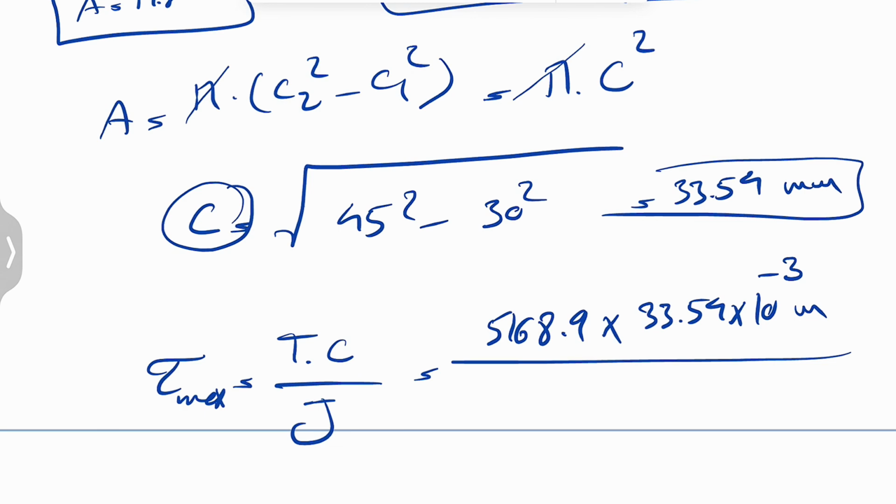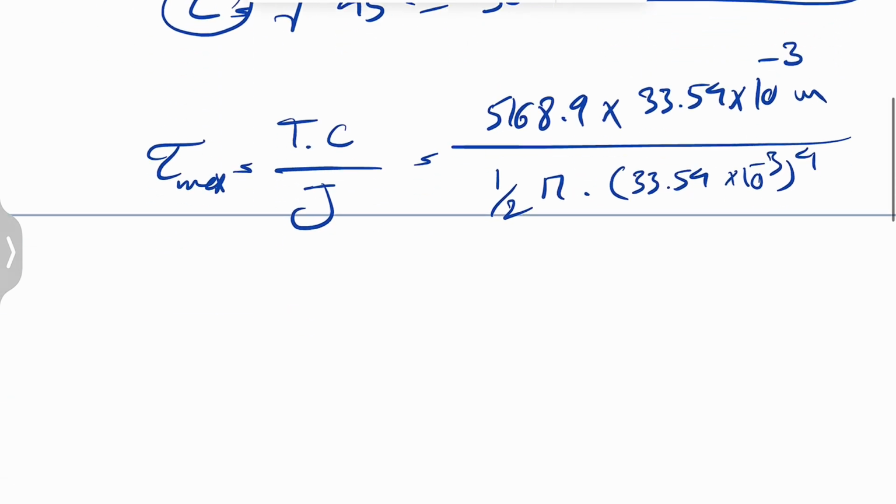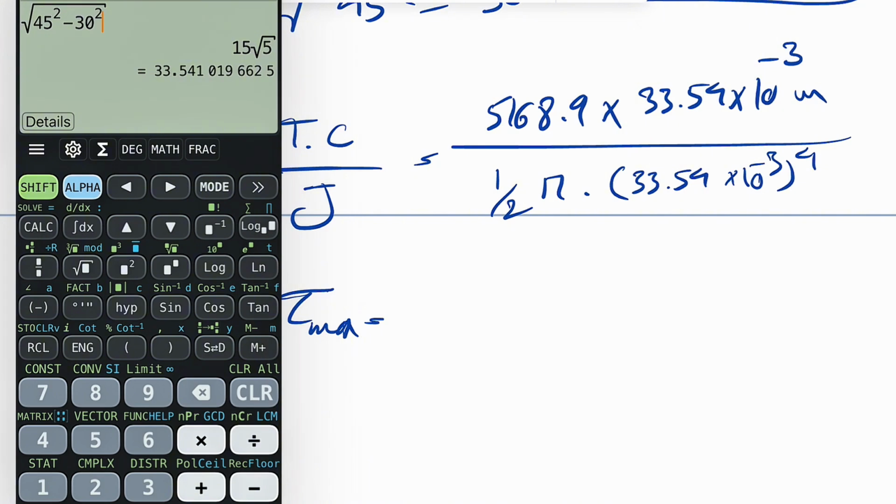And for the moment of inertia, again, pi divided by 2, or let's just write it down as 1/2 of pi times c to the 4, so our c is 33.54 times 10 to the minus 3, all to the power of 4. So this should give us the maximum shearing stress.